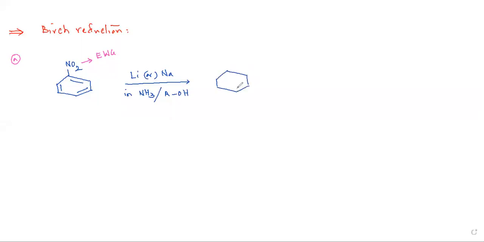Let me give you the product straight away. Of course, we'll discuss the mechanism of how this particular product is formed. Look at this. Now, this is what we get when there is a withdrawing group. Let us see the mechanism, and then we'll again get back to this.